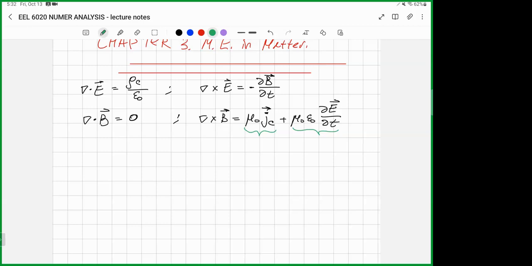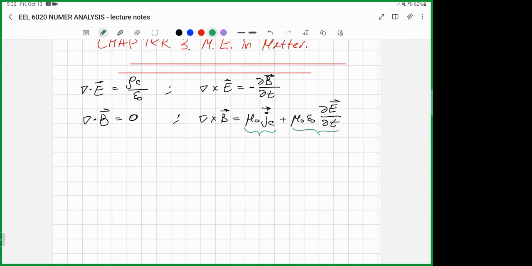These two terms are currents. The first one is the current of free charges. For example, in metals, we have free electrons, and this J_C describes the current caused by these free electrons.